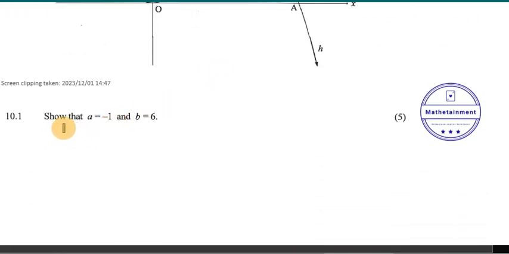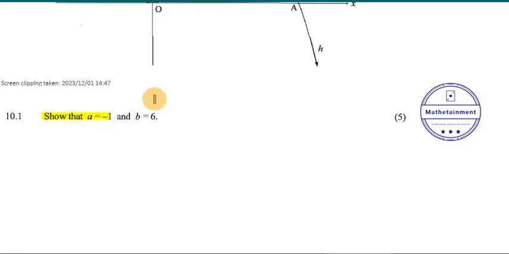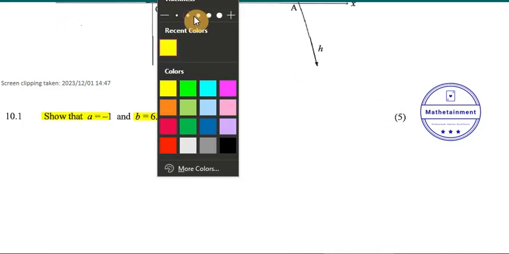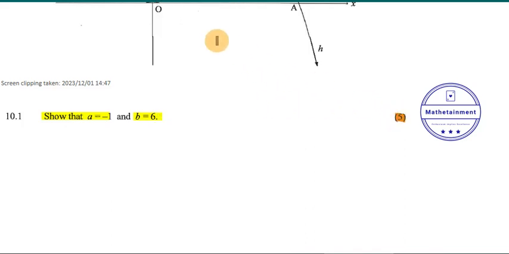Here we are required to show that the value of a is equal to -1 and the value of b is equal to 6. Look at the mark allocation, which is 5 marks. Please guys, make sure that whenever you are writing your paper, a mark is equivalent to a minute.